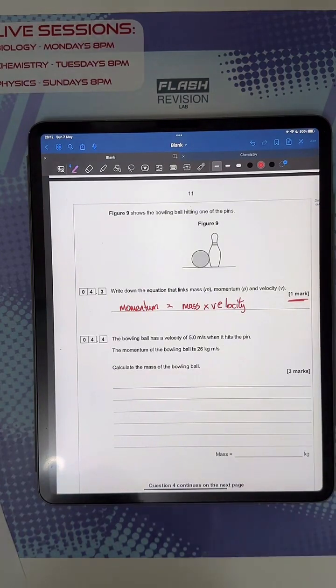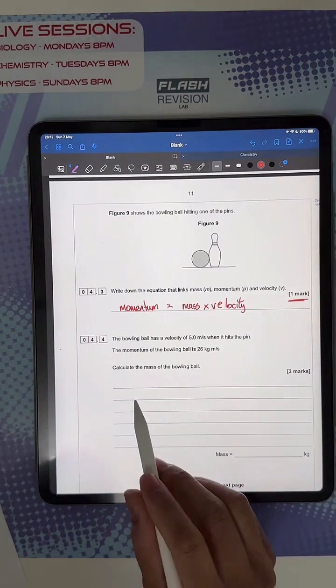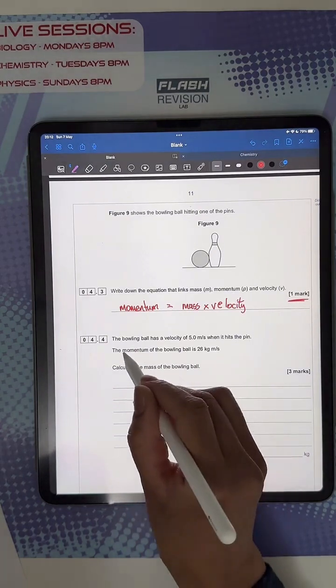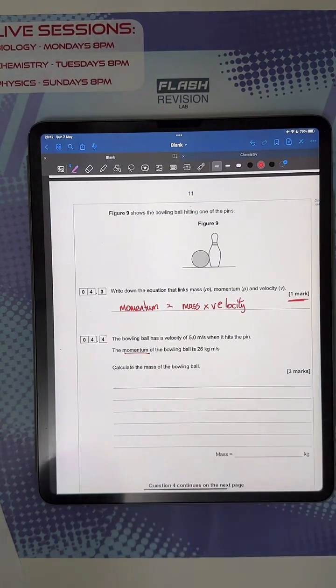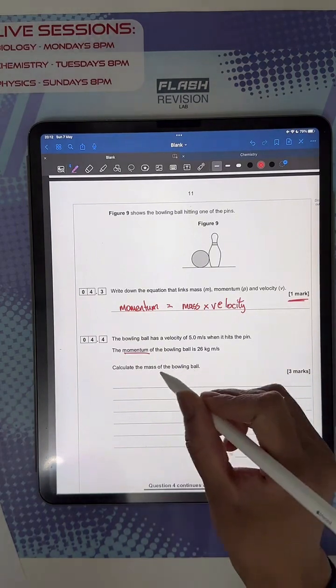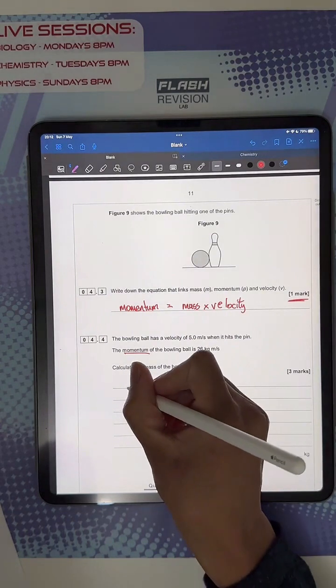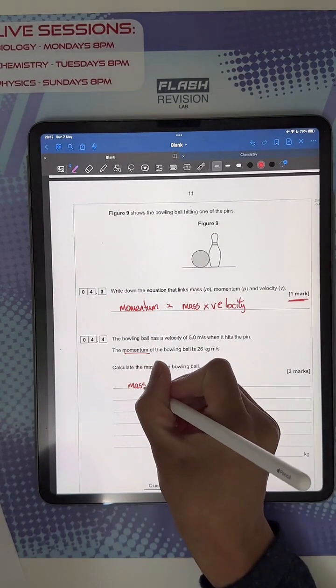Right, next one. So in these questions, they've kind of given you a clue that this question is going to be about momentum. Here, they actually state momentum, so that's another clue. What equation are we going to use? Literally the one that we've got here. We want to calculate the mass. How do we rearrange that to make mass the subject?